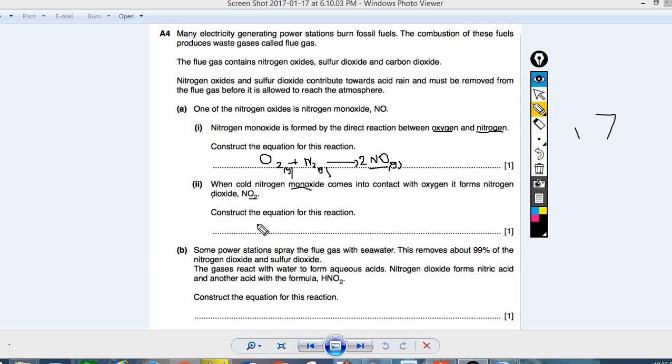We already have nitrogen monoxide. Just write what the question says first, and try to be logical. So nitrogen monoxide further reacts with oxygen, so here you have oxygen, and the question itself says that you'll end up with nitrogen dioxide.